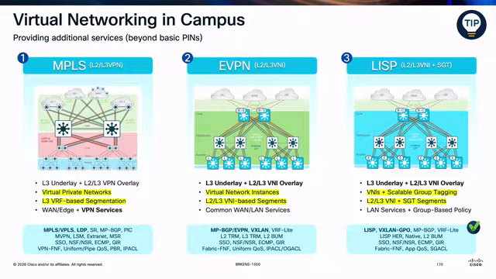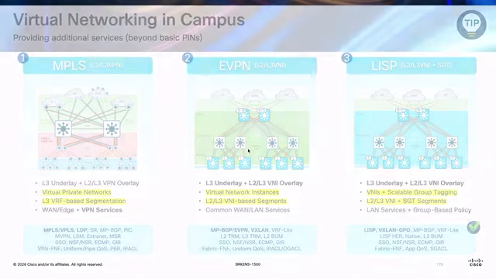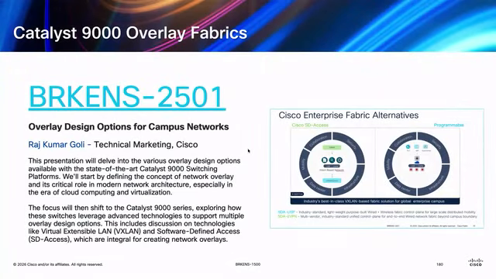So underlay is irrelevant as long as you've got IP connectivity between different elements, because the overlay is what matters, and you're just looking at the logical construct. If you want to learn more about the options available to you, different overlay and virtual networking solutions, I strongly recommend tuning into the session BRK ENS 2501, which describes in detail what your options are with IOS XE and Cat9K, and you're able to really deep dive into all the possibilities at your fingertips.